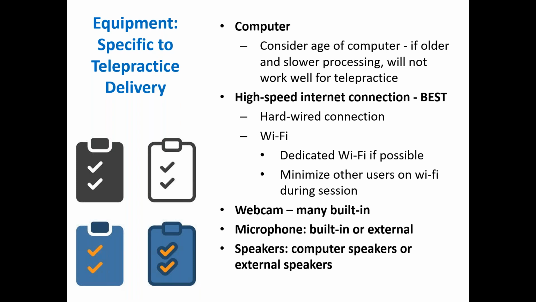For those of you who do depend on Wi-Fi, we see that a dedicated Wi-Fi is the best. So for example, if I were treating from my home office, if I am on a Wi-Fi connection that the kids are not streaming a movie on, or my husband is not using for his work in the office next door to mine in our basement, that would be an example of dedicated Wi-Fi.